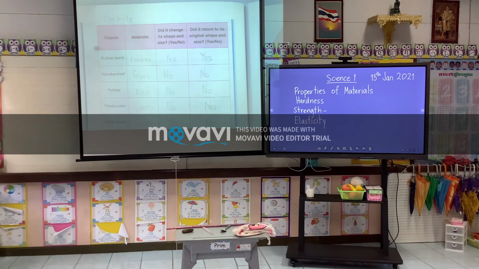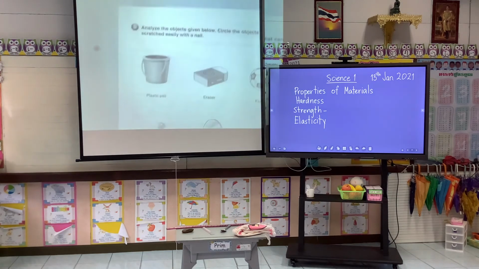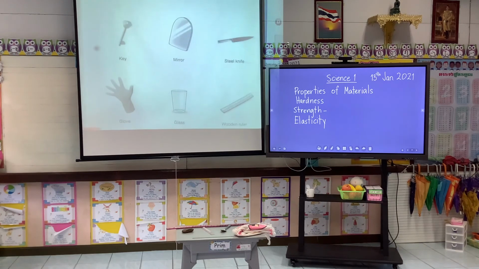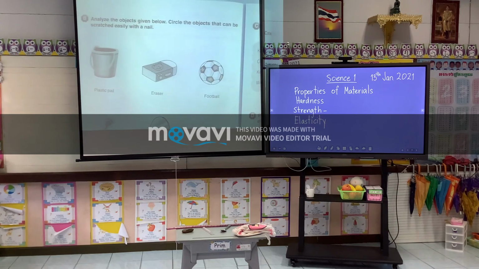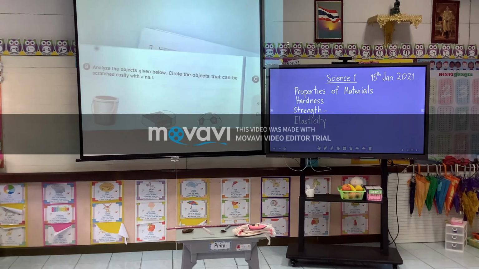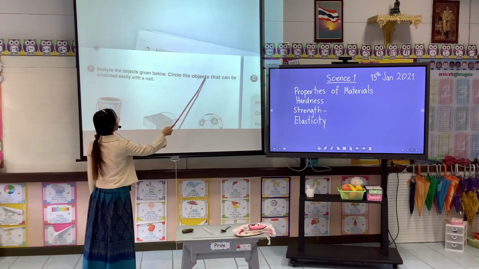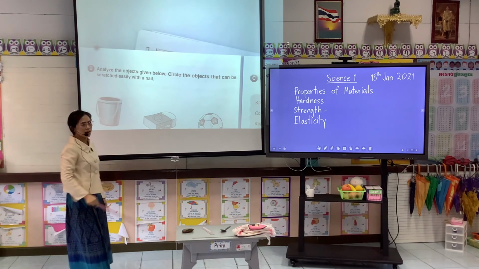So, for your work today, please open up your workbook on page 54, letter B. Analyze the objects given below, and then circle the objects that can be scratched easily with a nail.